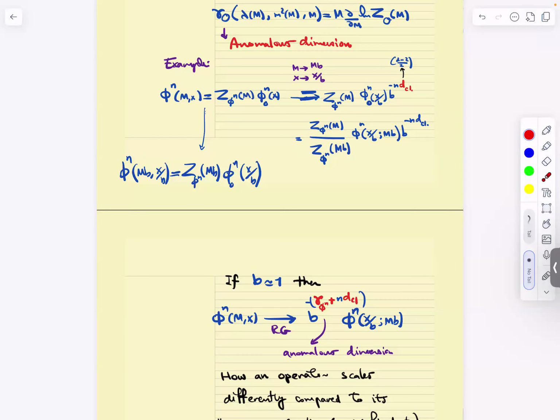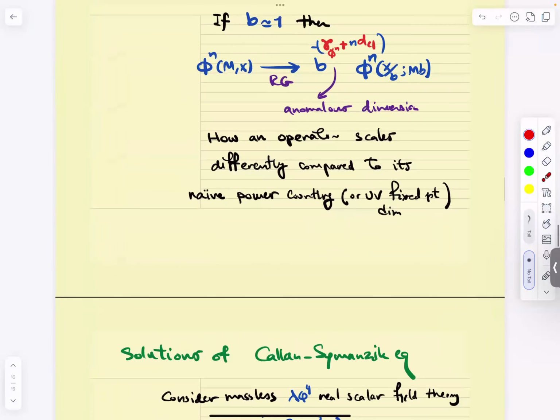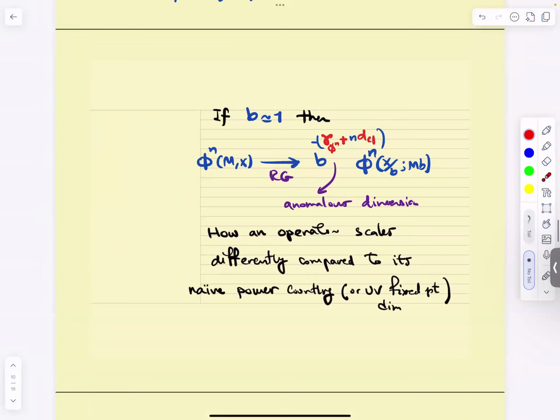If this were z of phi m to the power of n, and if this were z of phi bm to the power of n, you would have had no anomalous dimension. So what naive power counting missed when we started our discussion of RG was that naive power counting was some sort of analysis based on the UV. It's just classical. Quantum corrections will change that, right?